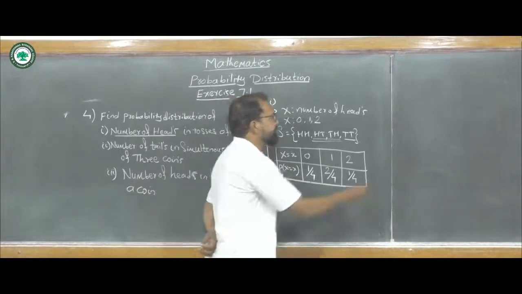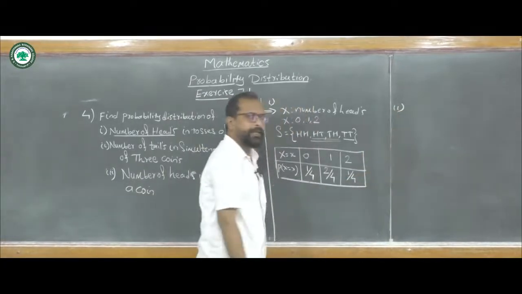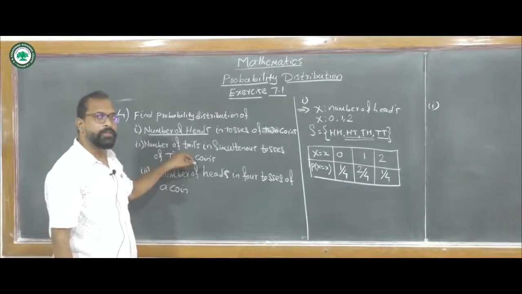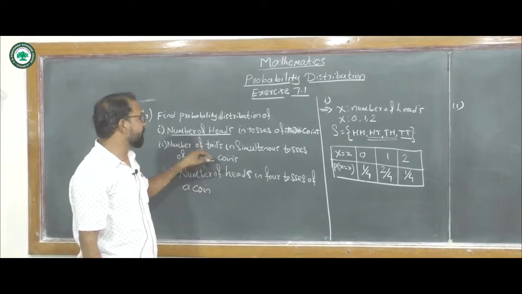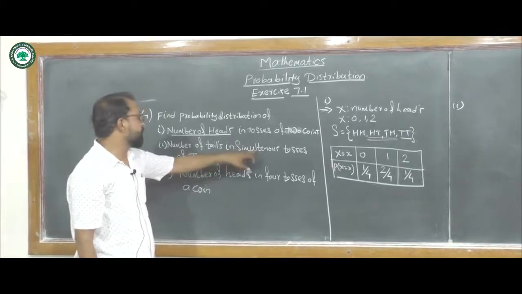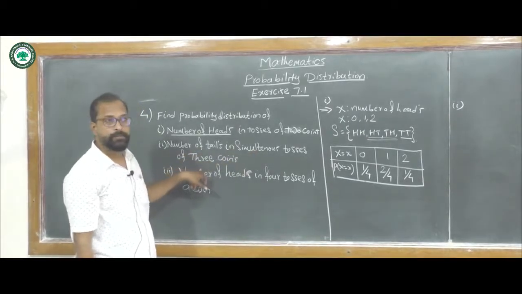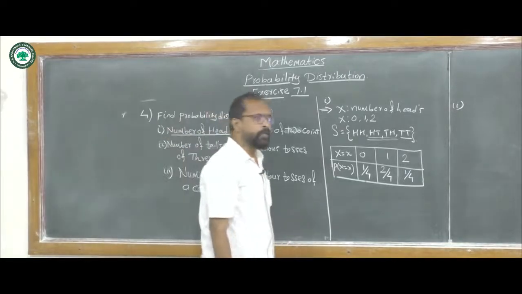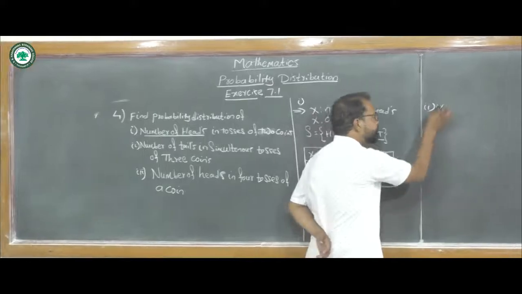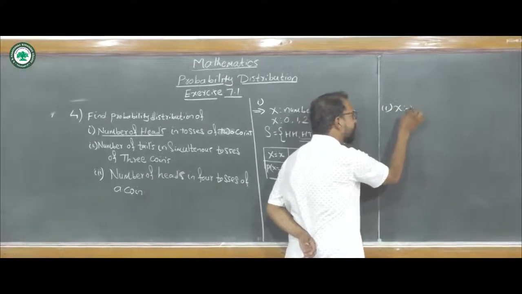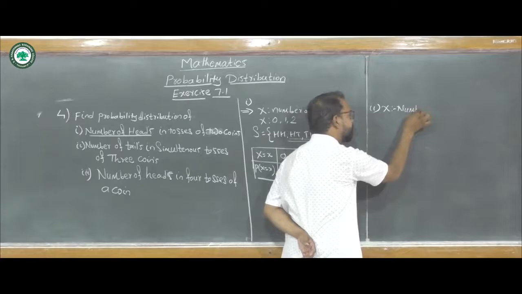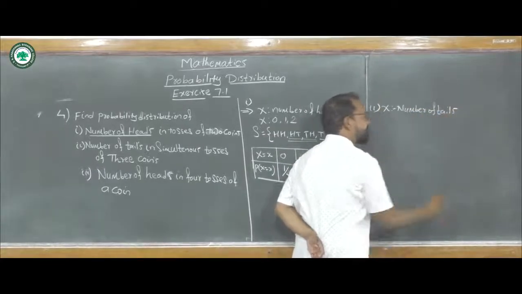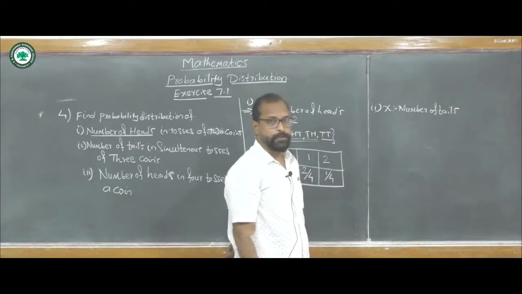Now the second one, the number of tails. Here we define the random variable as the number of tails in tossing of 3 coins. So we define X equals the number of tails in 3 tosses.